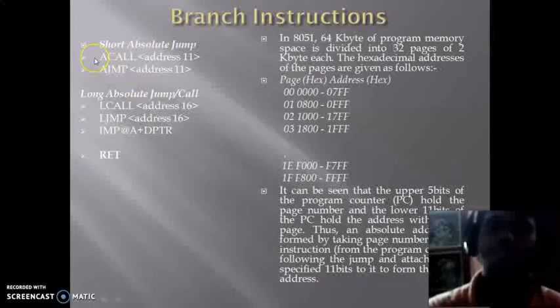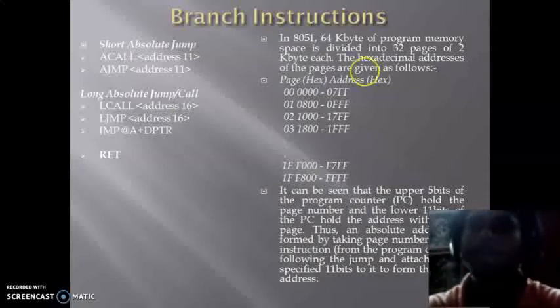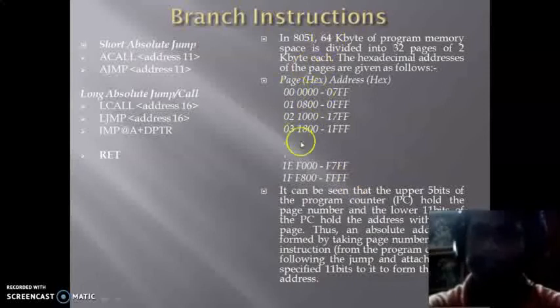Here the ACALL instruction is the absolute call instruction, and the AJMP instruction is the absolute jump instruction, and here an 11-bit address is used. In the 8051 microcontroller, the 64 kilobytes of program memory space is divided into 32 pages of 2 kilobytes each, and the hexadecimal addresses of the pages are like this.